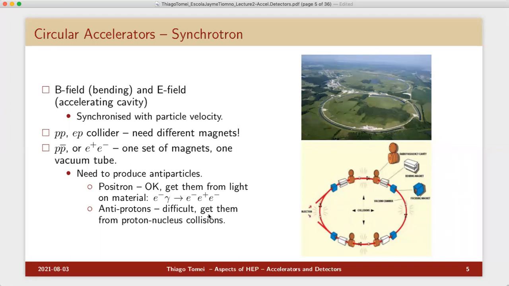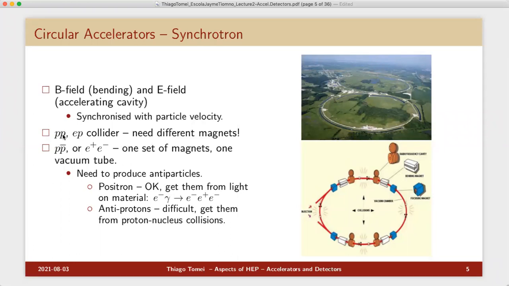You can accelerate them a little bit, but eventually the pions will decay. There are talks of making a muon collider, but again, you have the same problem. Muons, even though they are fairly stable and can live for almost a macroscopic amount of time, eventually decay. But there are people studying to see if it's possible to do. So in the end, you either have proton or electron colliders. And then you hit a conundrum.